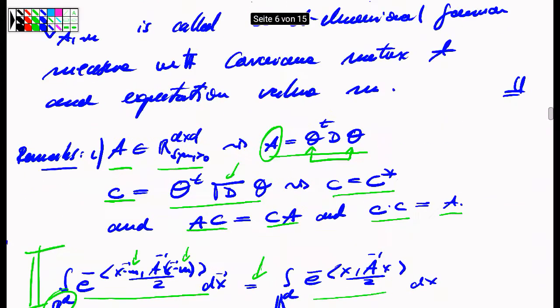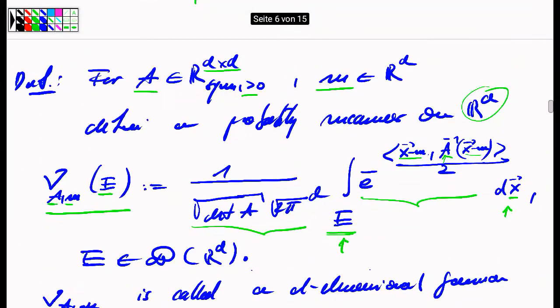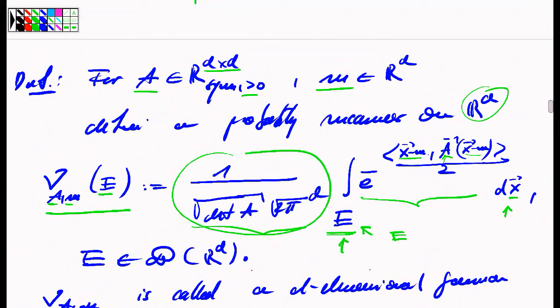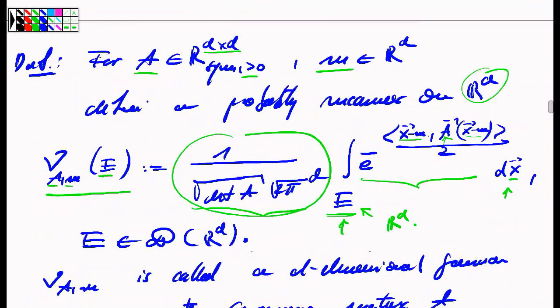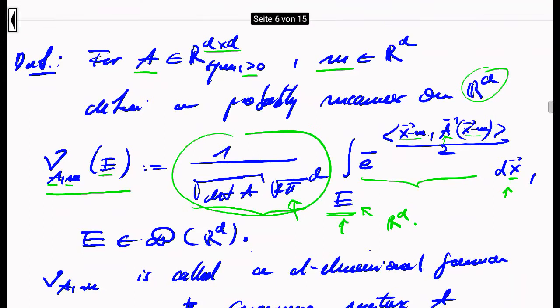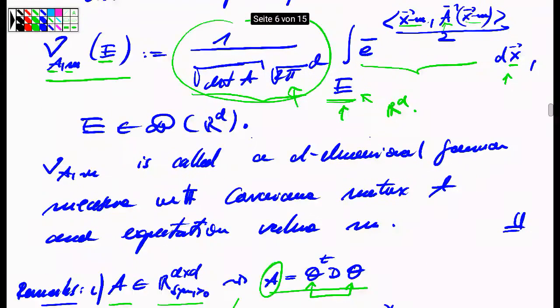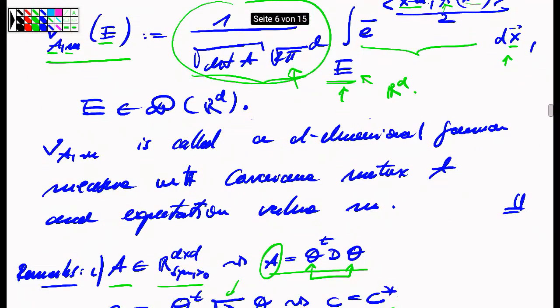And this shows, in fact, that the inverse of this number is a good choice for a normalizing constant, because if I want to evaluate the same expression for E equals R^d, then I have just convinced myself that the integral gives exactly the number that appears here as the denominator. So it's a 1 in the end for E being d-dimensional Euclidean space.